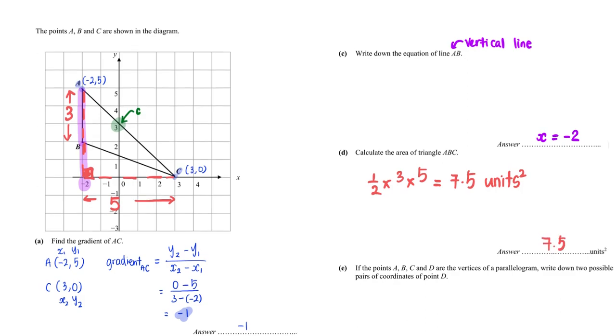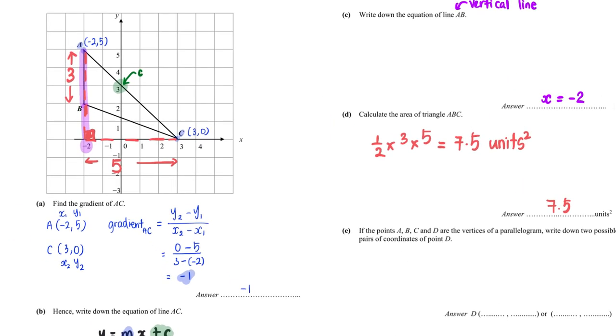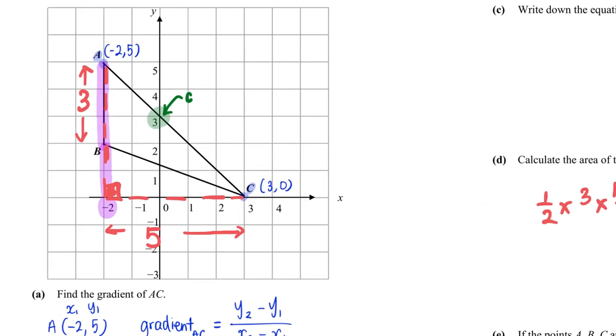And last but not least, points A, B, C, and D are vertices of a parallelogram. Write down 2 possible pairs of coordinates for this point D. Given this diagram here, we could try to find this particular point, right?